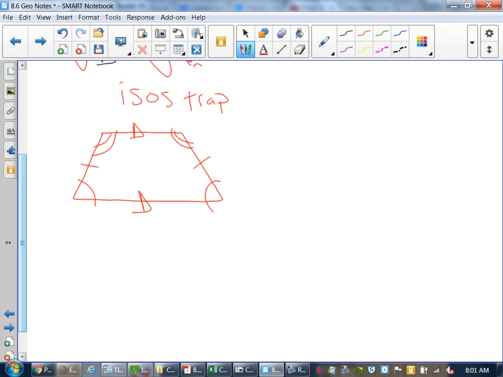The base angles were congruent. And there was one other part that was congruent, remember? They don't bisect, but just the diagonals are congruent. Okay. In isosceles trapezoids, the diagonals are congruent. And that was the two parts of the trapezoids. And last but not least, the kite.